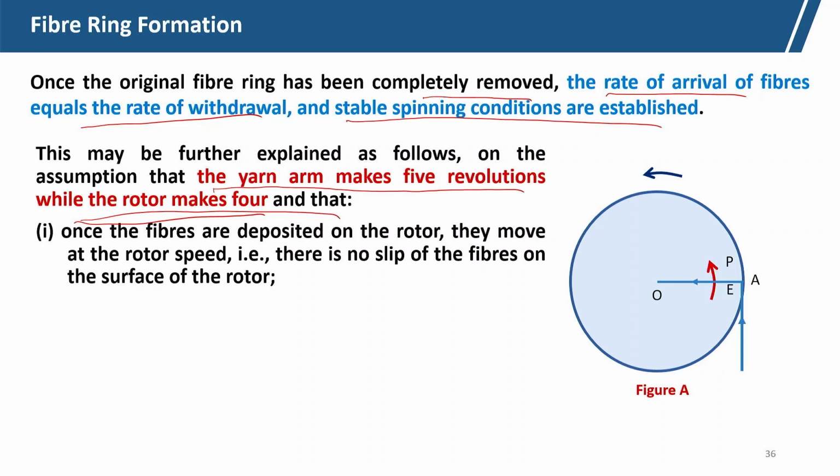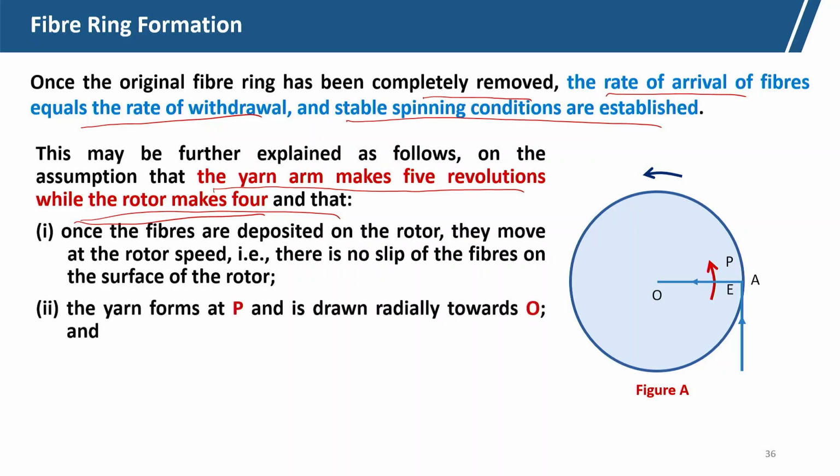Now, figure A shows that once the fibers are deposited on the rotor, they move at the rotor speed. As soon as the fibers are deposited, they move at the rotor's circumference speed. We assume there is no slip on the rotor surface, and this may be true because of the centrifugal force in the rotor groove.